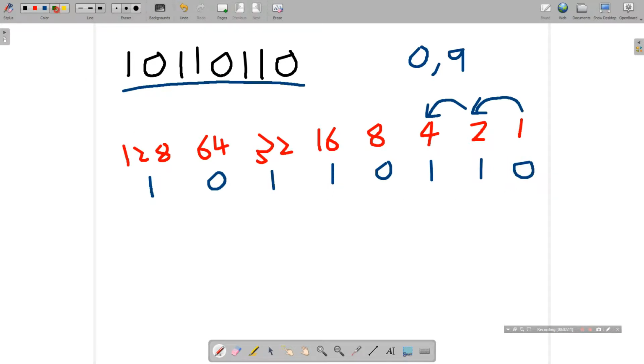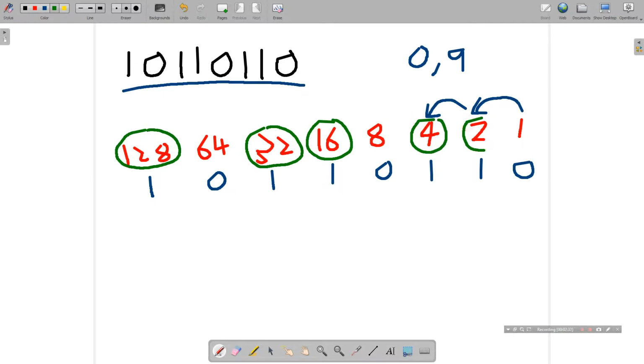Now once you've done that, the final thing to do is to add up each of the numbers that has a 1 written underneath them. So in this case we're adding 128 and 32. 16 has a 1 written underneath it. So does 4 and also 2.